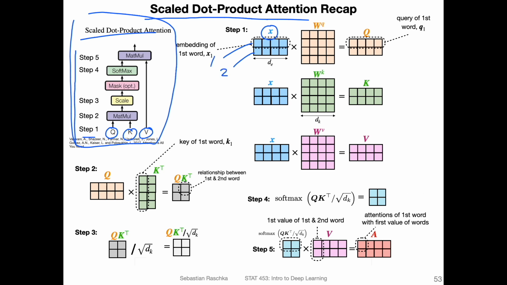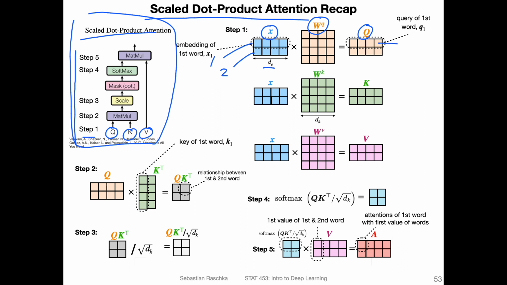Of course, in a real data case you have many more words, but so that I can fit everything onto the slide, we keep the example here small. And then the columns are the embedding size here, the word embedding size. We multiply it by a matrix WQ, that is a matrix that is updated during backpropagation, and this produces the queries.